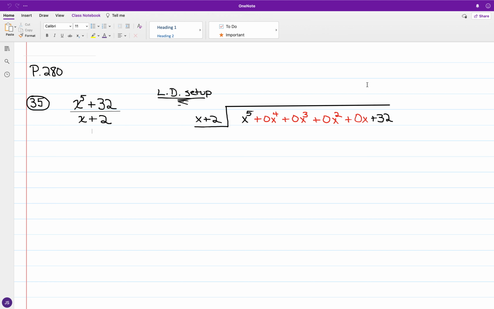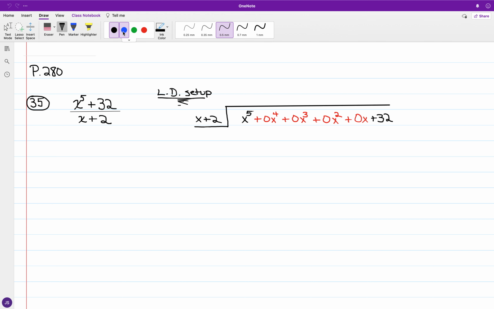Now, as I look at translating this into synthetic division, I take the zero of x plus 2. So x plus 2 is equal to 0, and x is equal to negative 2.